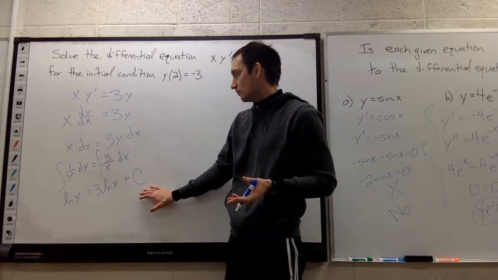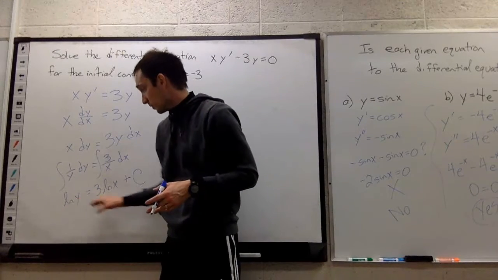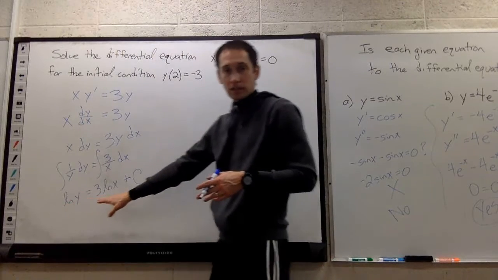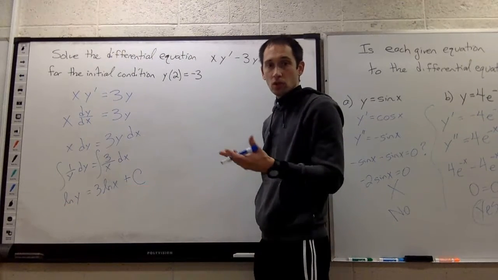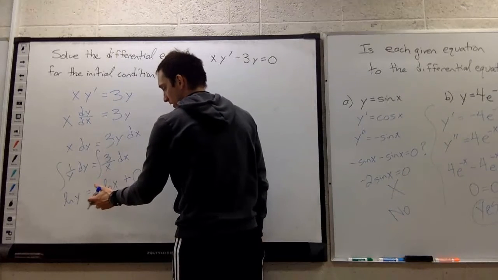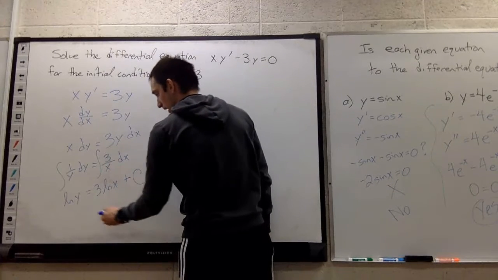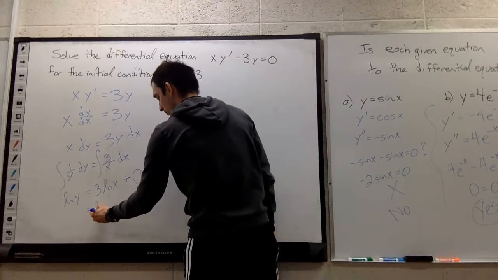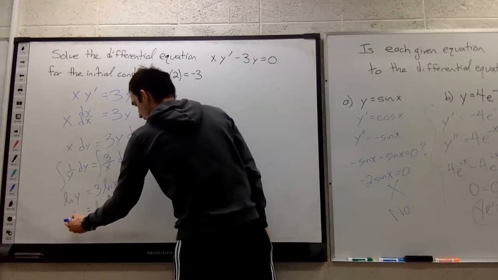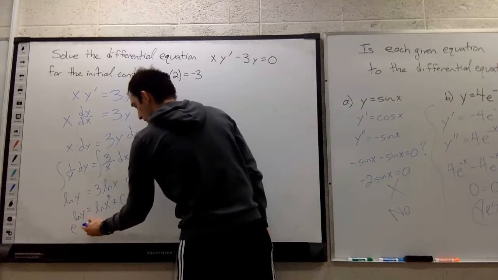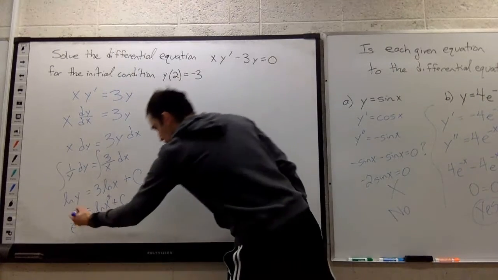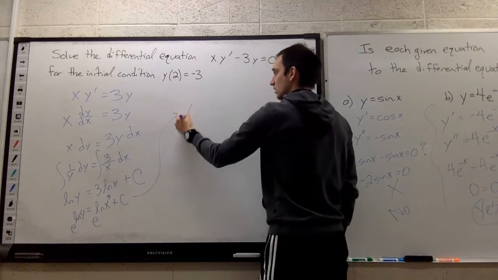And then, this is where things get a little weird for this particular example, you want to isolate y. To kill the natural log, you need to exponentiate. Before you exponentiate, get this 3 back inside as an exponent on the x, so this is natural log of x cubed plus c. Now I can exponentiate with base e. That kills off the natural log and gives y by itself.